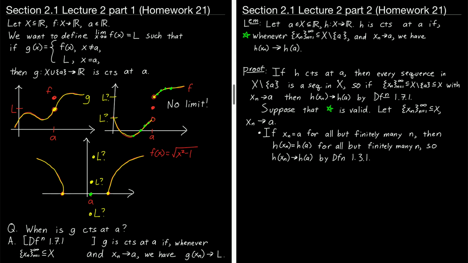So now, otherwise, xn is not equal to A for infinitely many n.